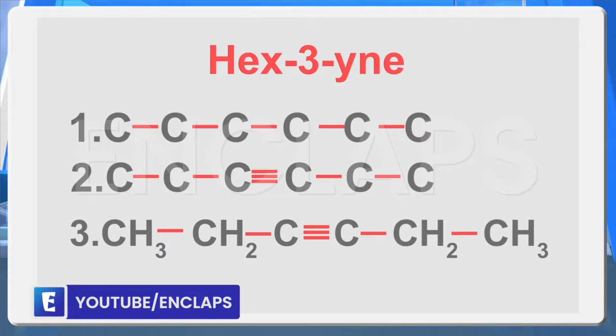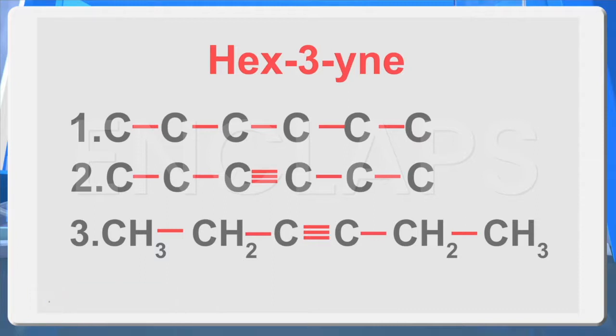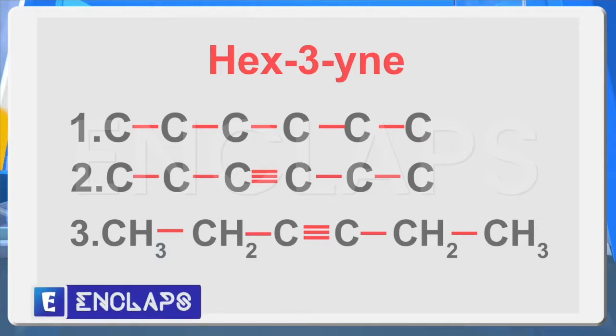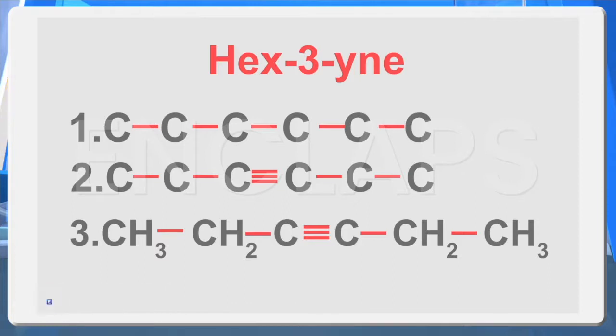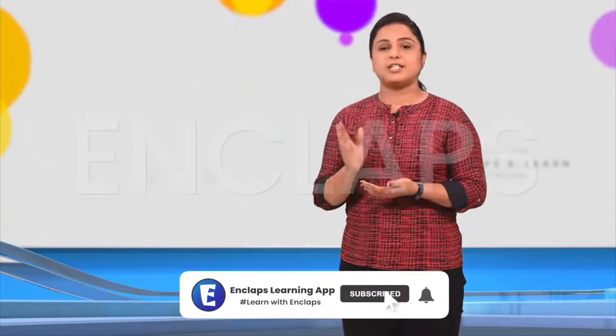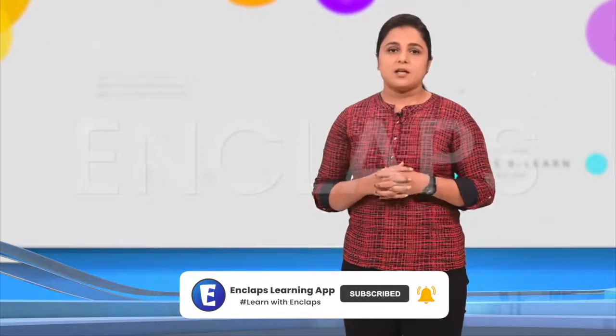So, we get the structure CH3, CH2, C, triple bond C, CH2, CH3. So, this is the structure of hex-3-yne. Clear? Now, we know how to give IUPAC names to saturated and unsaturated hydrocarbons, right?